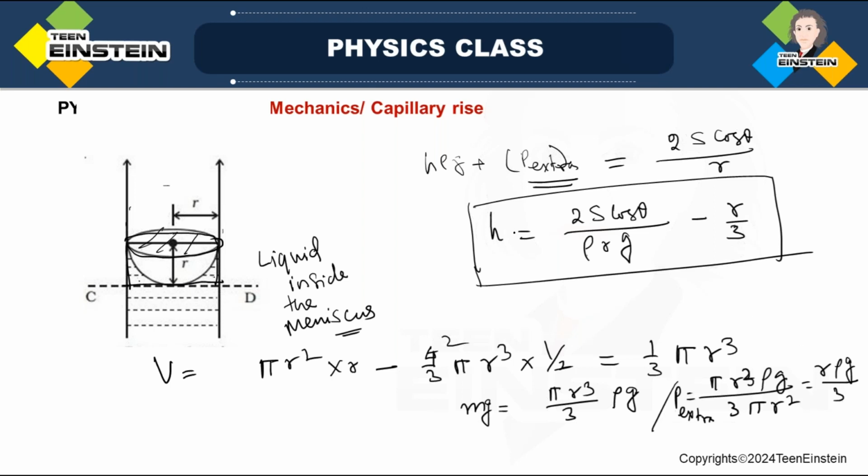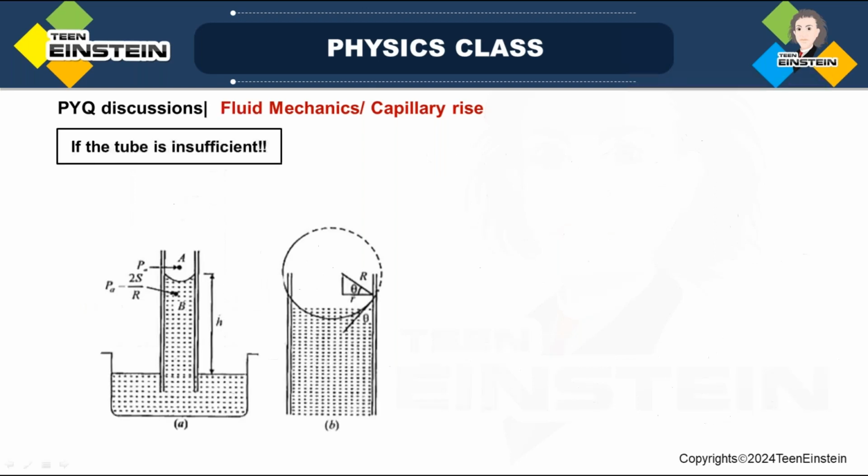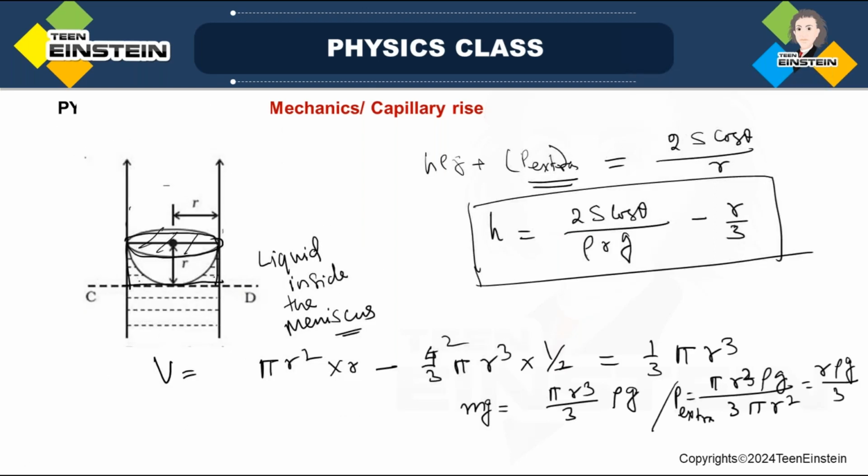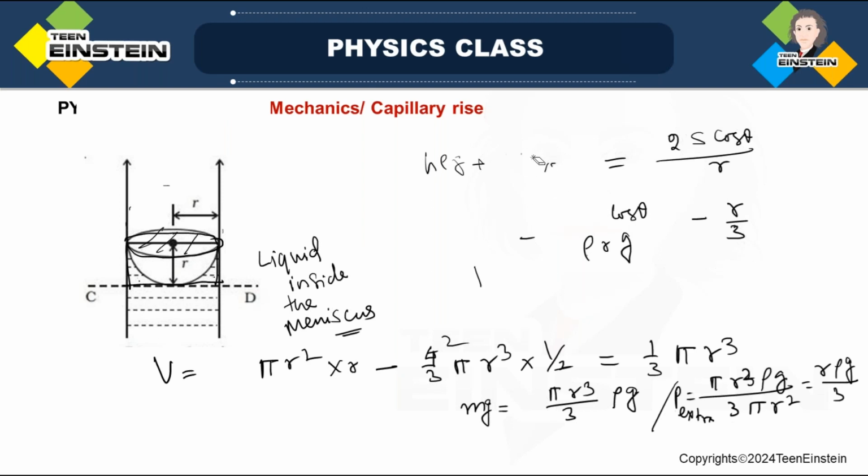Look, if I write down here in this expression, what is the extra pressure we are getting due to this liquid inside the meniscus? We have got rho r g by 3.